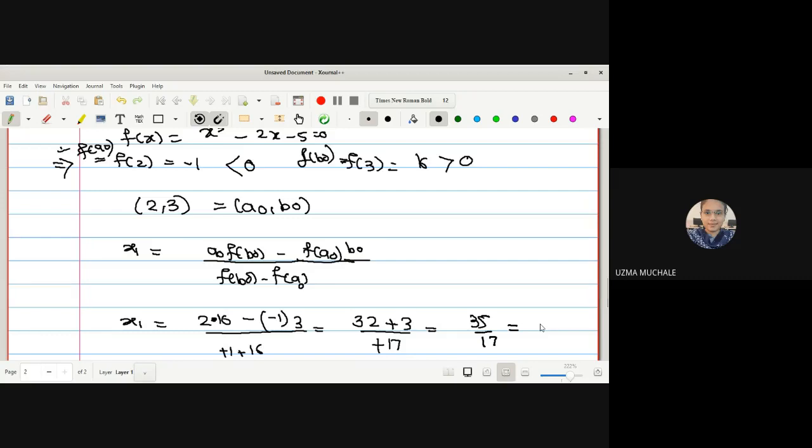Calculate and you can get the answer. What is the answer for x1? It is 2.0588.